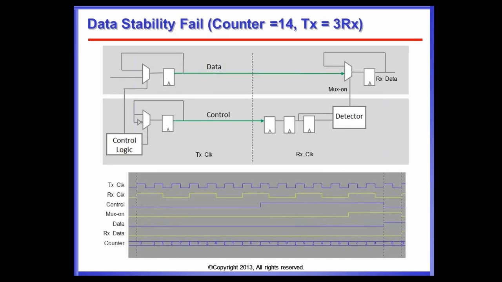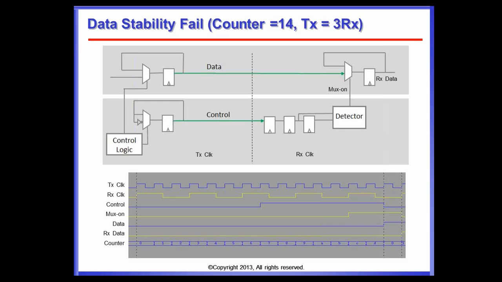If you look at these 2 dotted lines here, you see that the control goes high on the 2 edges. The edge detector, the detection logic, goes high and opens the mux. In that case, data changes at the boundary when the counter goes from 14 to 0.